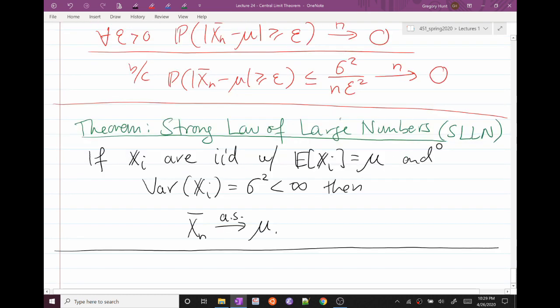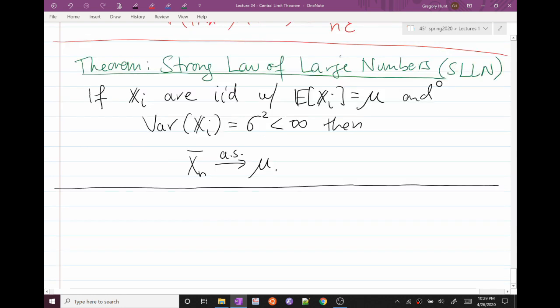Okay. So that's two ways of talking about how our mean, Xn bar, is approximately going to give us an estimate of the population mean, mu. The weak law says that under certain conditions it converges to mu in probability.